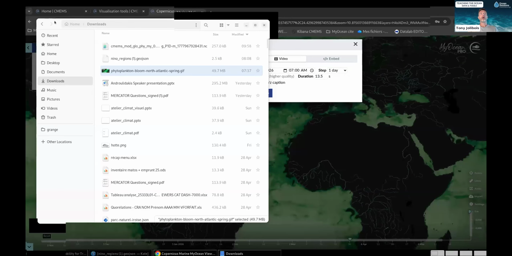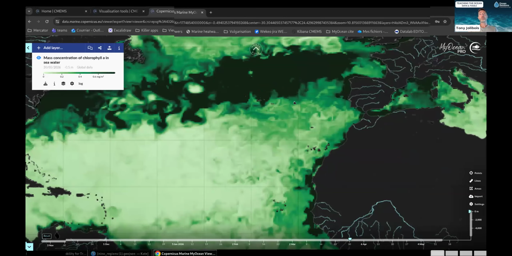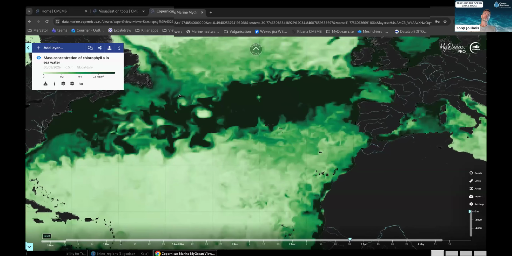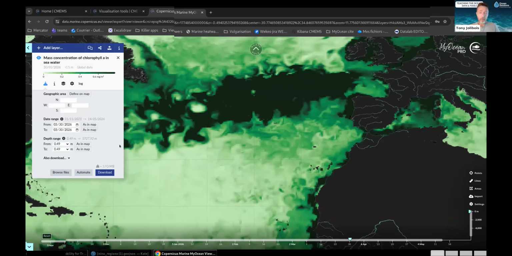So something I wanted to show you also is how to, if you want your students to manipulate the data directly, you can download the data. Here again, you must be logged in, and again, the registration is of course free. There is no money here. The goal of the registration is just for us to know the usage of the services and the data.